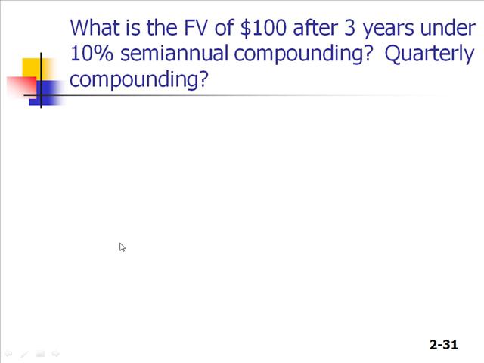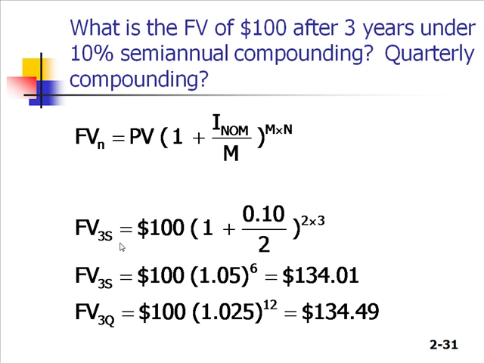Okay, so we had been looking at this problem of the future value of $100 after 3 years with a 10% interest rate. And we saw for semi-annual compounding, again, what did we have to do? We took the 10% and cut it in half, and then we had to multiply the exponent by 2.